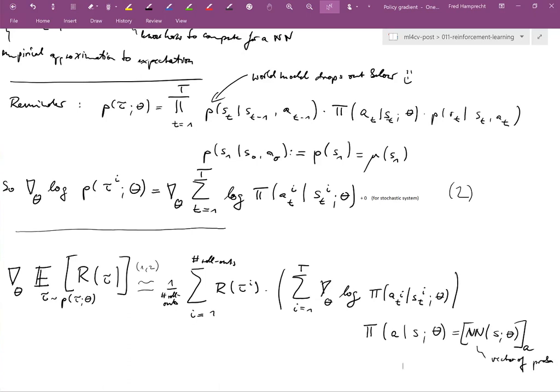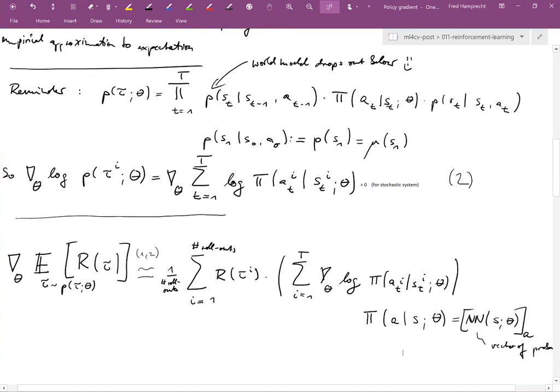So if the system can take 10 possible actions, then we would have 10 output neurons, and the neural network would only suggest a probability with which each of these 10 actions should be taken. And now one of these actions was actually taken, and then we evaluate if it was a good action. Then this gradient will tell us how we would need to change the parameters in the network so as to make this action even more likely in the future.